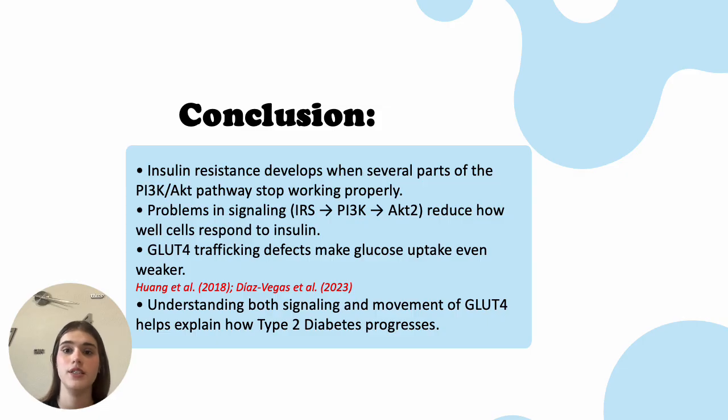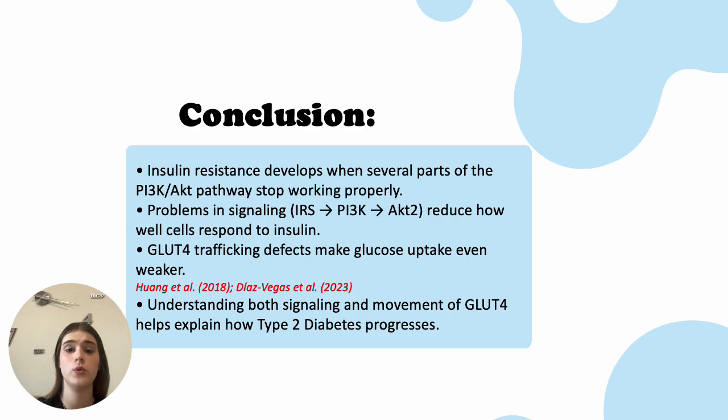When signaling steps like IRS, PI3K, and AKT2 don't work the right way, the cell doesn't react to insulin as strongly, and the signal just isn't getting through. Juan et al. 2018 showed how this weaker signaling lowers GLUT4 movement. And on top of that, the movement of GLUT4 itself becomes even slower.